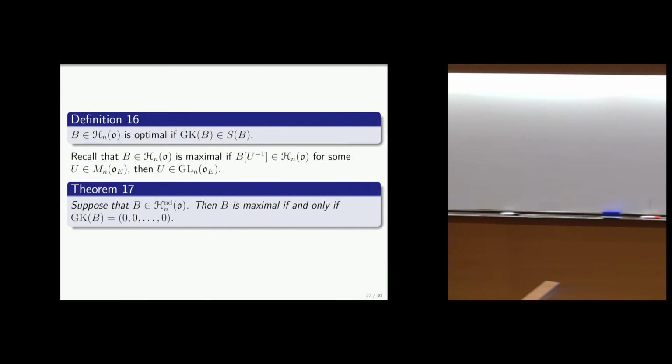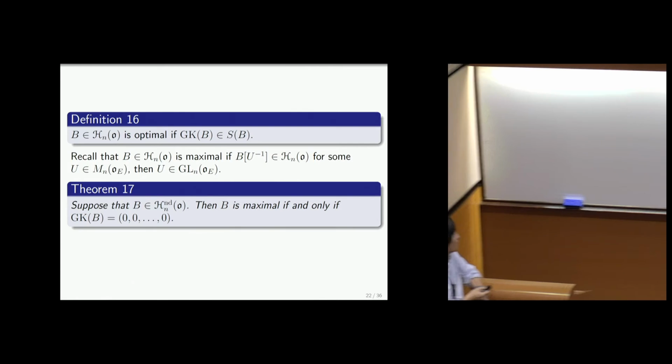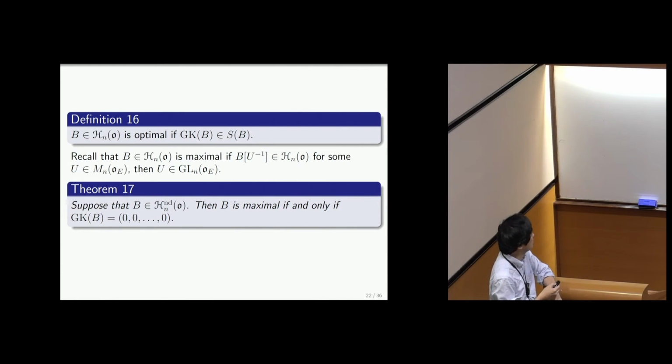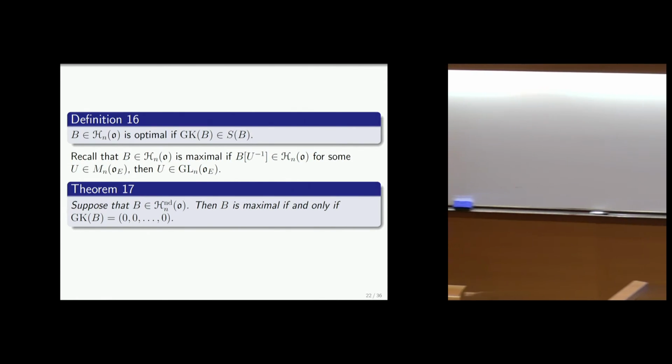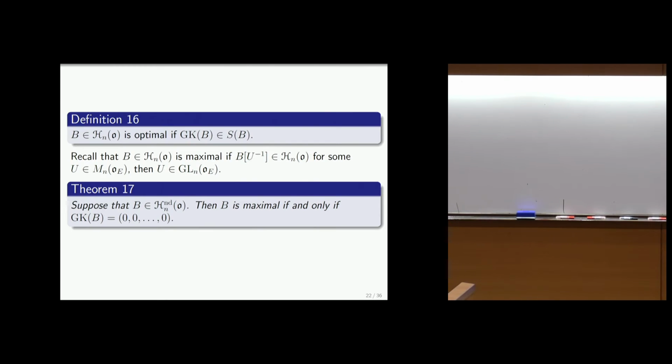Now B is called an optimal form if the Gross-Keating invariant belongs to S of B. Recall that B is maximal if B of U inverse belongs to the set of semi-integral Hermitian matrices for some U, then U must be unimodular.